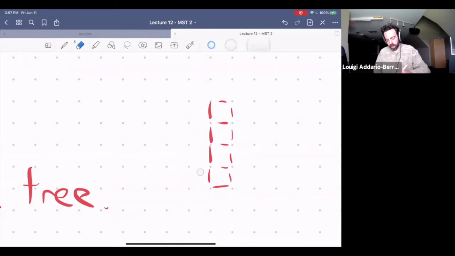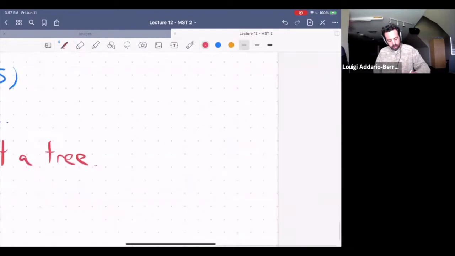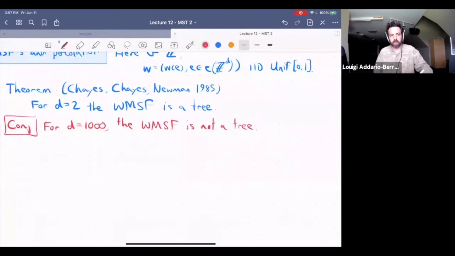Does UIC fail in this case? I think in all of these cases there are unique infinite components, so I don't need to be writing the W if you prefer to leave it off. It's free or wired, it doesn't matter.